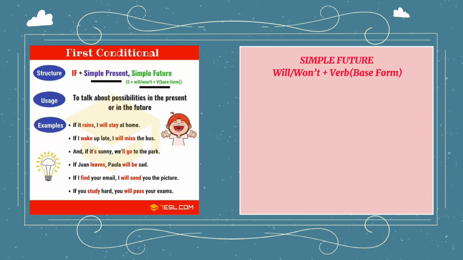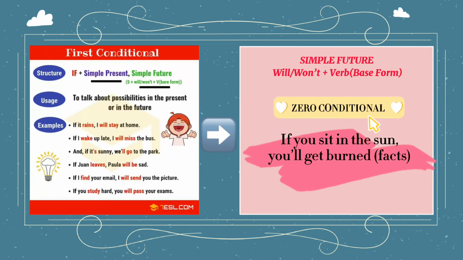So, basically, the first conditional describes a particular situation, whereas the zero conditional describes what happens in general. Example, for zero conditional: if you sit in the sun, you get burned.